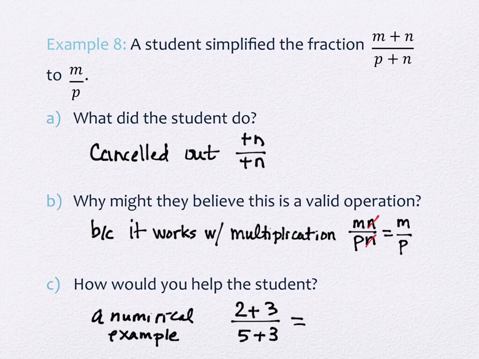What is 2 plus 3? And 5 plus 3? 8. So the 5 over 8 is actually the answer if we did this. If the student were allowed to cancel like this, what would they get? Yeah, they would get 2 over 5. And these are not the same. 5 over 8 does not equal 2 over 5.